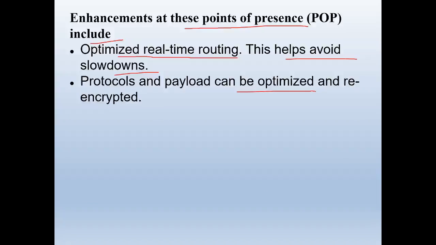Protocols and payload can be optimized and re-encrypted. Optimizing here means you are reducing the size of the flow so that the network speed improves, and even the protocols and payload will be optimized.